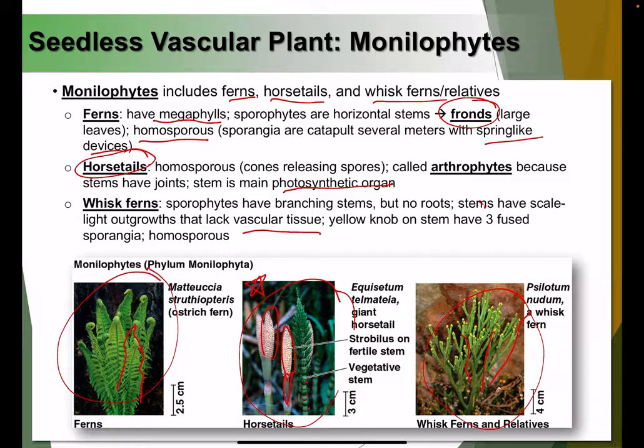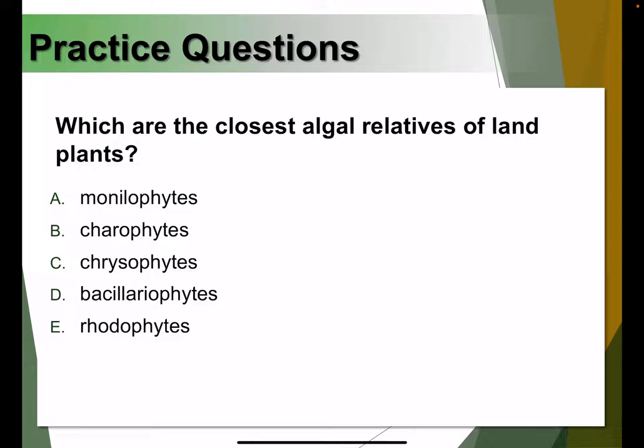They say it's probably due to evolution. You can read about it in chapter 29. And then the stems end in these yellow knobs here, where there are three fused sporangia within that yellow knob. And whisk ferns are classified as homosporous, which means they have bisexual gametophytes. And that's all I have for you for chapter 29.